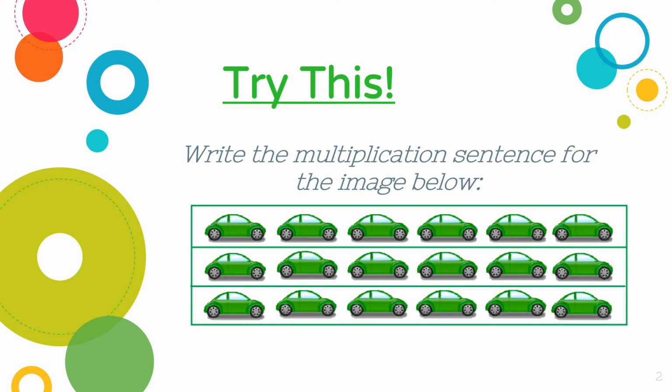We can say 3 groups of will be replaced with our multiplication symbol, so 3 times 6, and that is equal to, if you count them out, 18. But you should know 3 times 6 equals 18. There are 18 cars.